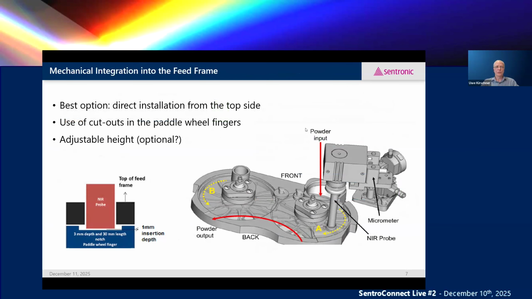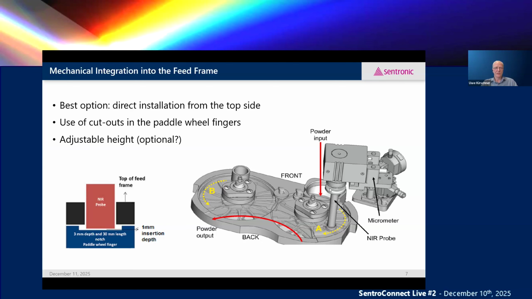Then, yes, where to place an NIR in the tablet press. And it obviously looks like the best position is from the top in the feed frame itself, as you can see in the schematic. And here the paddles of the wheel are very close to the probe tip, and so usually there is a good sample presentation up front.